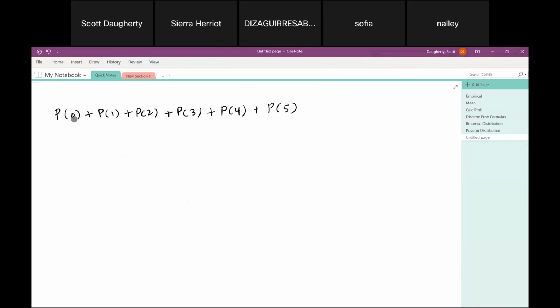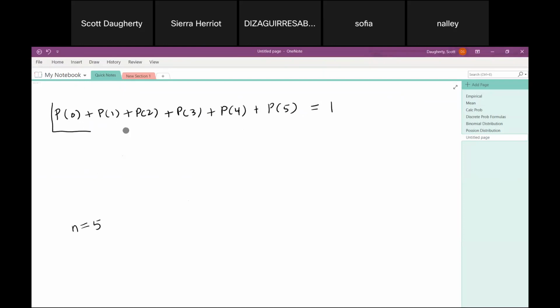The probability of 0 plus the probability of 1 plus the probability of 2 plus the probability to get 3 or 4 or 5 added up. And remember, there's 5 trials here. So this accounts for all the possibilities, right? It could be 0 out of 5, 1 out of 5, 2 out of 5, 3 out of 5, 4 out of 5, or 5 out of 5. So if I add up these probabilities, it should add up to 1, right? This accounts for all the possibilities.